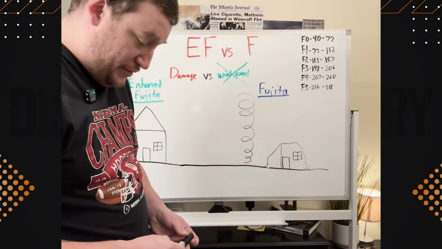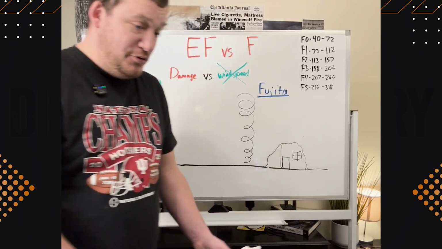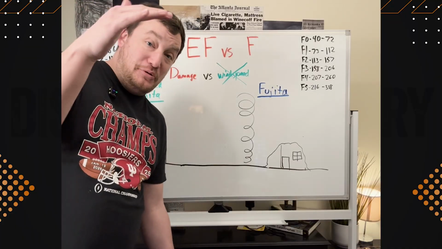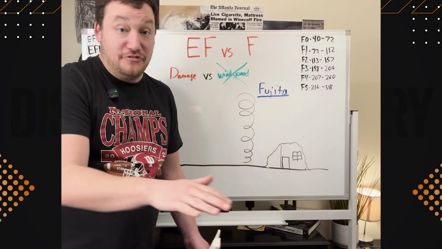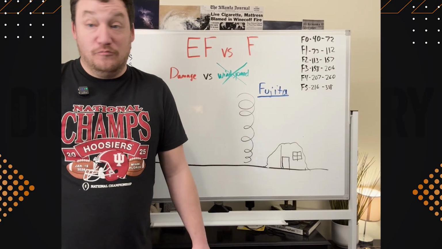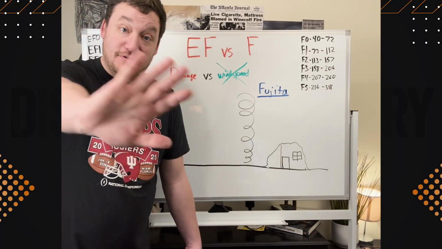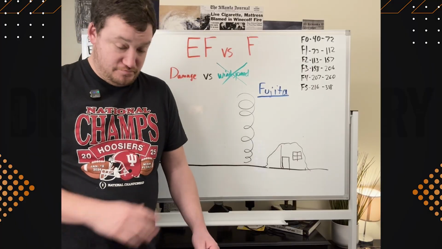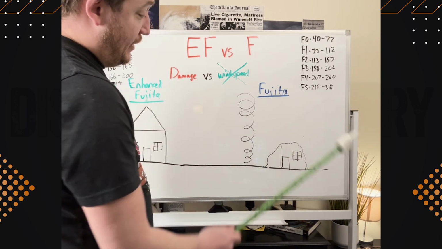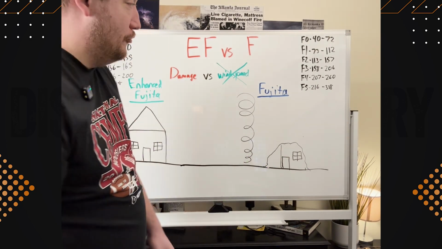Now, with the original Fujita scale, it was basically rated on observed damage from minimal damage to catastrophic damage. Nothing was left, everything was gone. Anything where the house was completely swept away was given an F5 rating. Essentially, end of discussion. Let's say you have something like this, where you have only interior walls remaining.